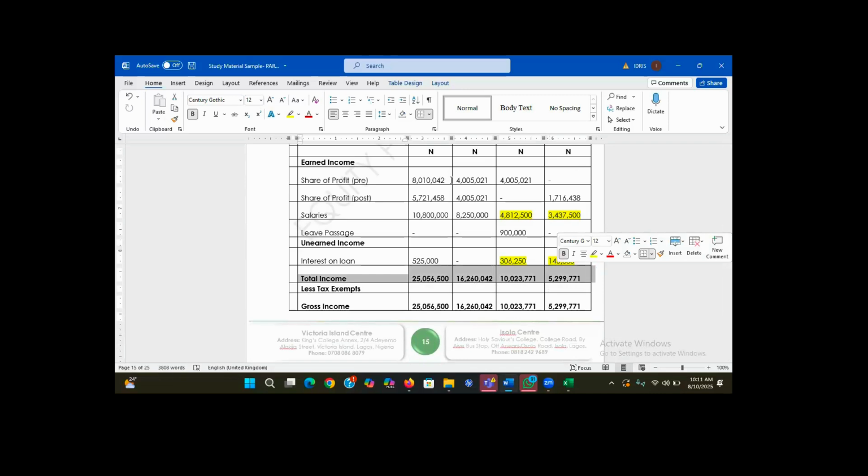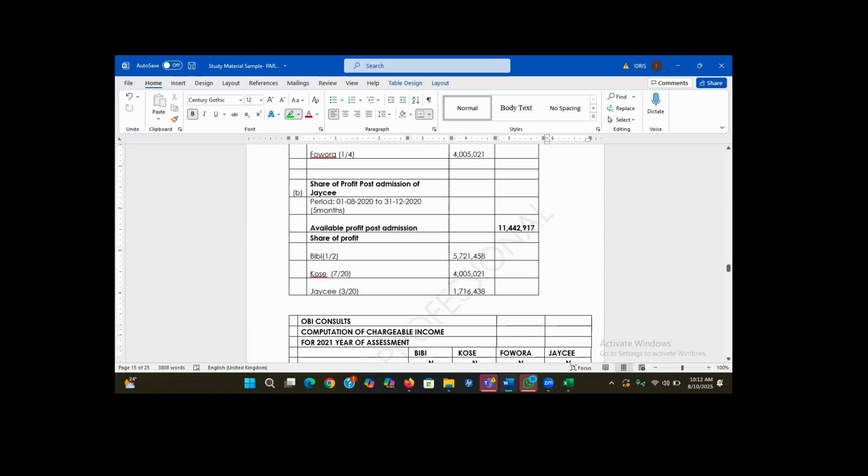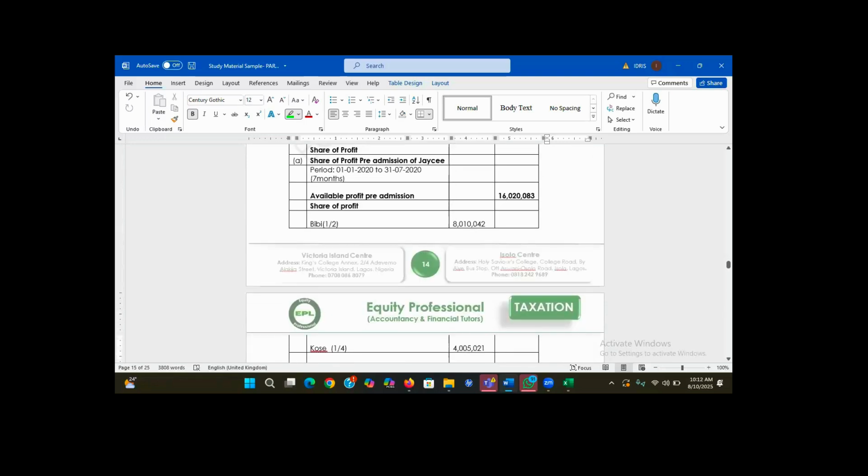This place I highlighted in green color is the assessable income.